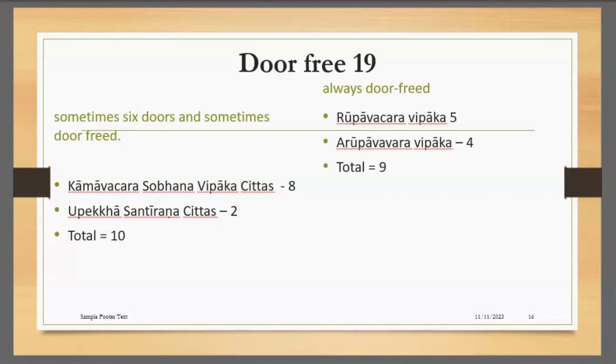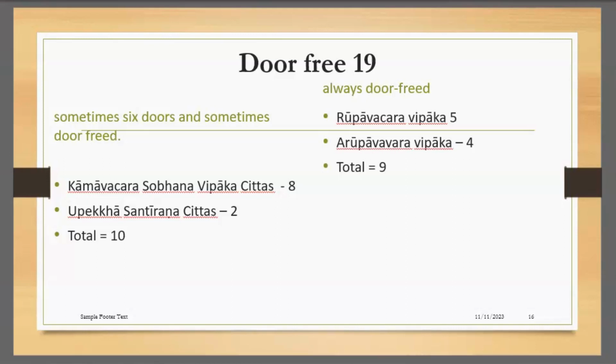When they perform Bhavanga function, they are door-free. But they have other functions other than Patisandhi, Bhavanga, Chuti. What are they? Kamavachara Sobhana Vipaka Chittas also have Tadarammana function. When Kamavachara Vipaka Chittas perform Tadarammana function, they arise through 6 doors.